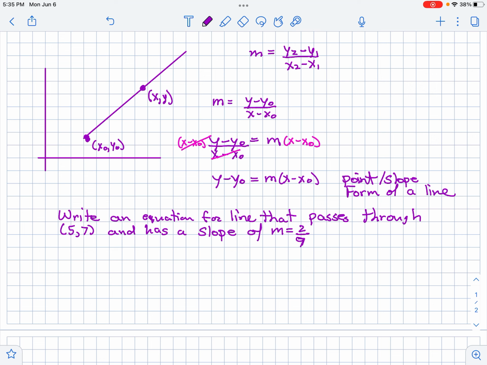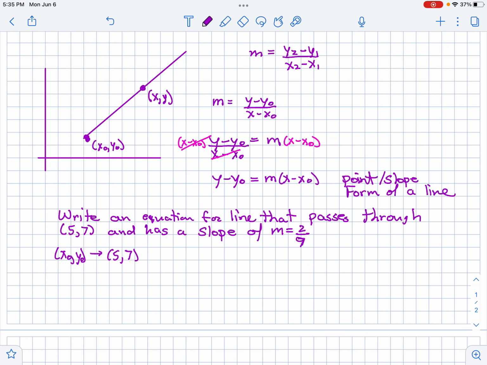Okay. Well, look, this point right here is 5, 7, x naught, y naught. That's 5, 7. And the slope is 2/9.